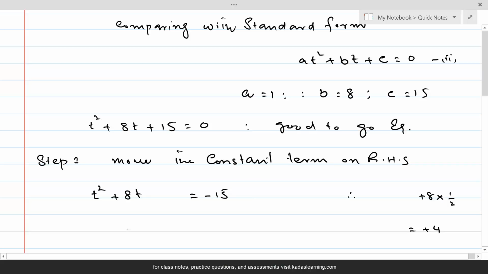So adding plus 4 whole square on both sides of the equation.